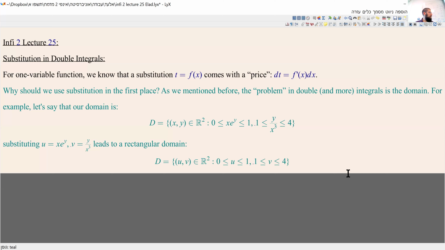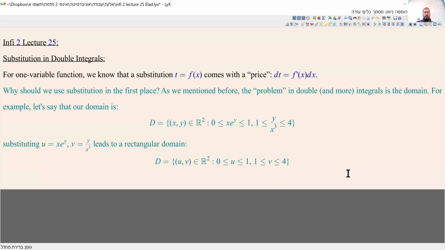And after we agreed on the motivation, how do we actually do it in double integrals?